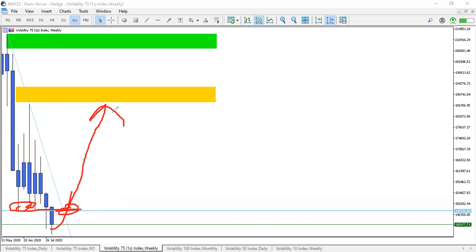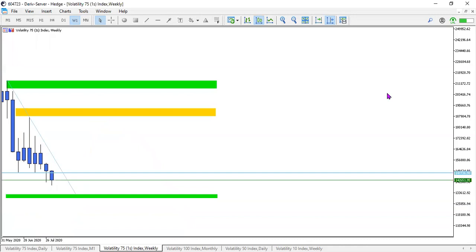Once price hits the zone, we'll be looking at taking it back down to the downside to violate these lows here, as there is institutional liquidity sitting below these lows. So as you might understand, or as I might have mentioned before, we look at buying lower than previous lows and selling higher than previous highs. That's why you can see here at the downside, I've got basically my buy zone way below these lows.